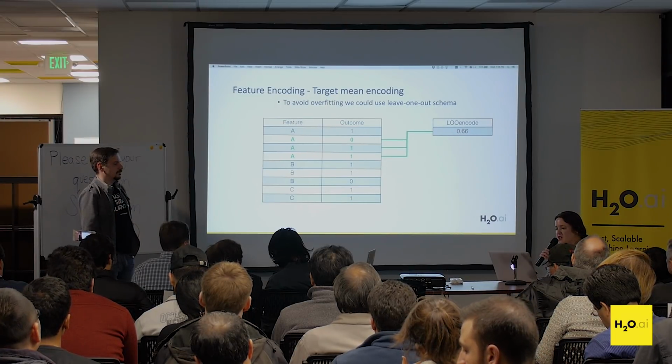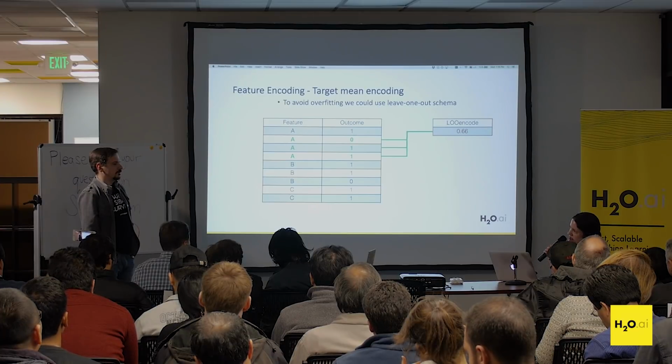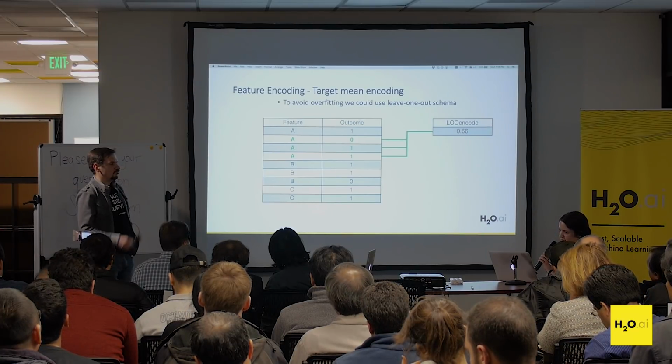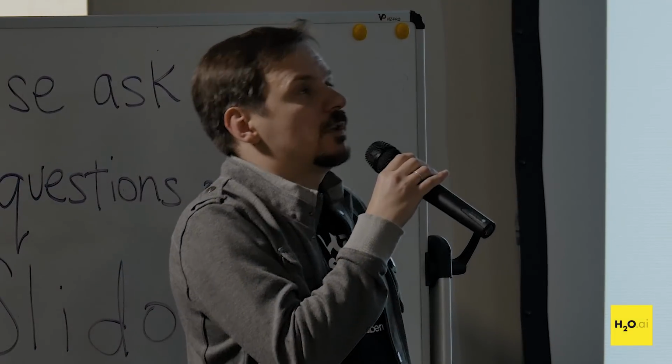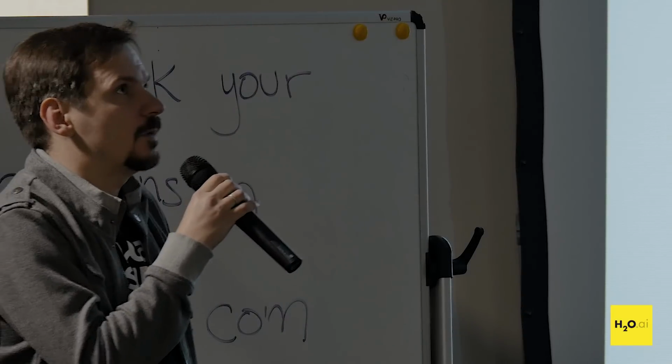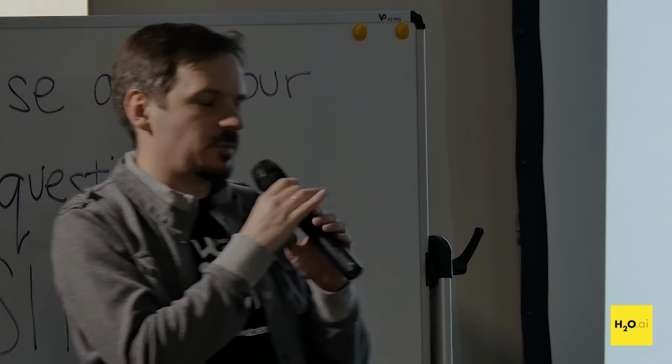What are the methods of encoding a list of elements? That depends. If the list has a sequence, if they're ordered somehow, you can just create them as separate columns.